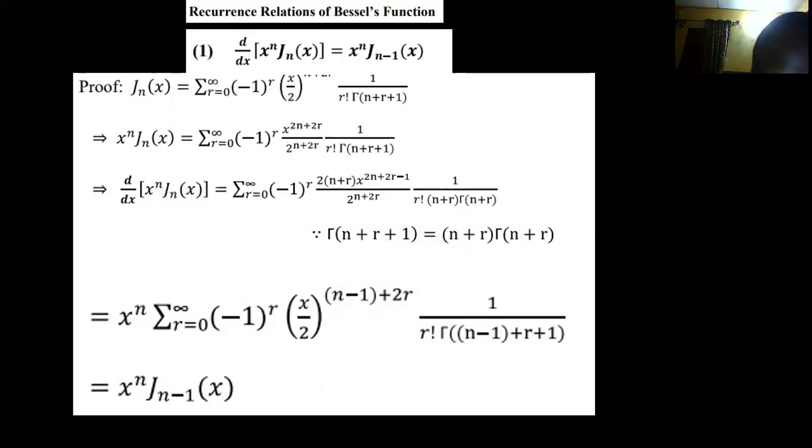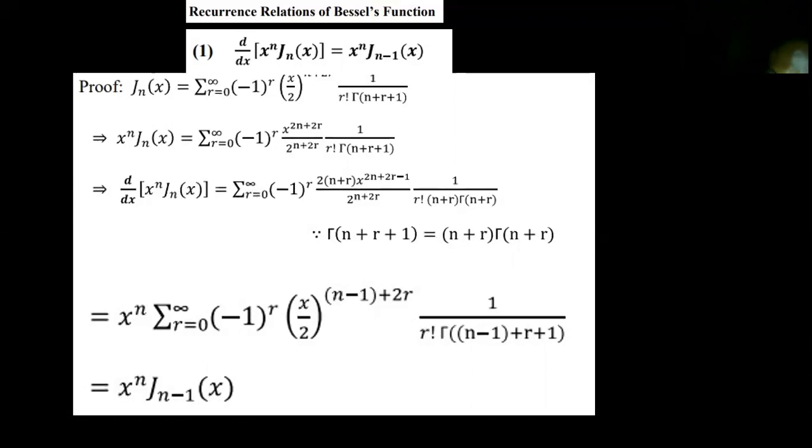If I bring one x raised to power n out, then I have x raised to power n into the summation r from 0 to infinity of minus 1 raised to power r, then x raised to power n minus 1 plus 2r, over 2 raised to power n minus 1 plus 2r, divided by the gamma function of n minus 1 plus r plus n times r factorial.